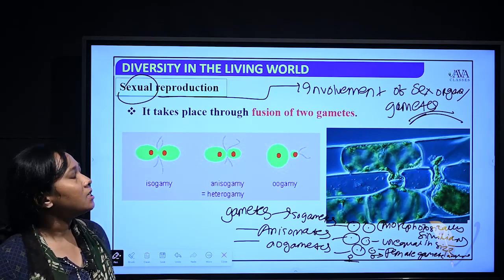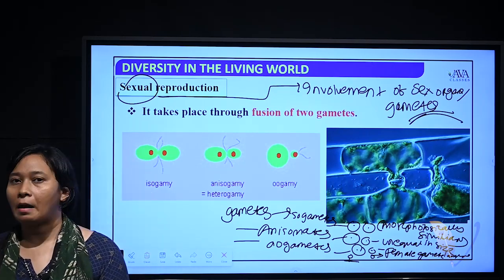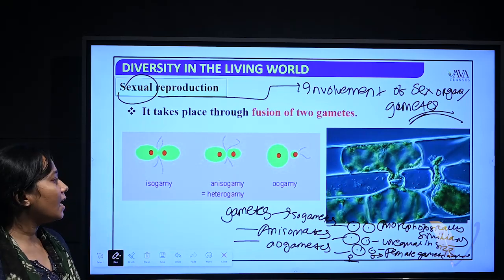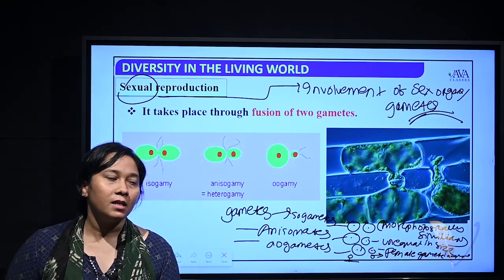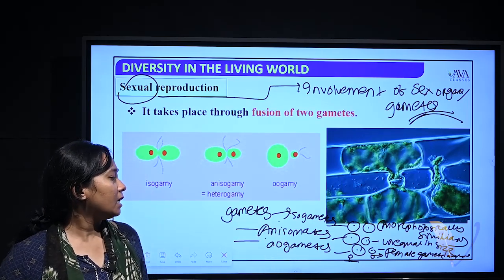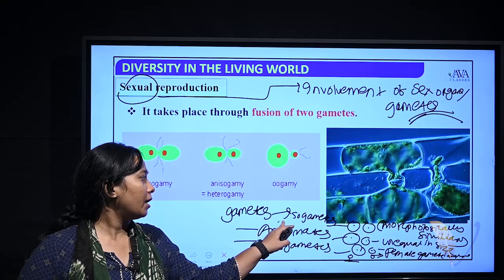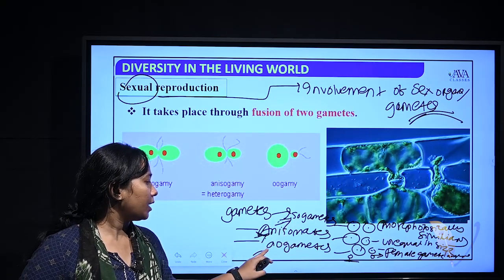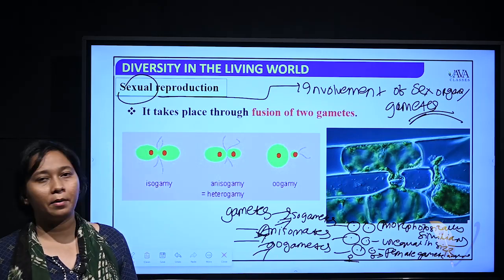So in the sexual reproduction process, we see the involvement of gametes, and those gametes can be of three types: isogametes, anisogametes, oogametes.